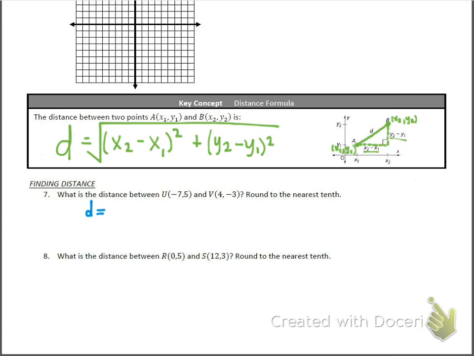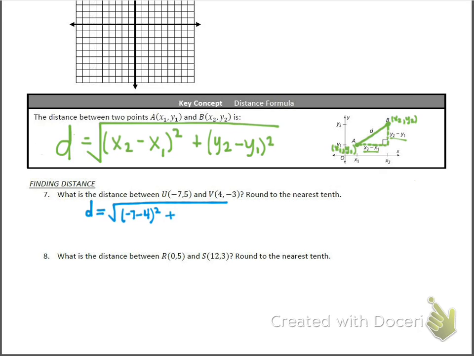D equals square root. Big old square root. We subtract the x's first. It doesn't matter which order you do them in. So I'm just going to do -7 minus 4. Because we end up squaring them, they're going to be the same no matter what.